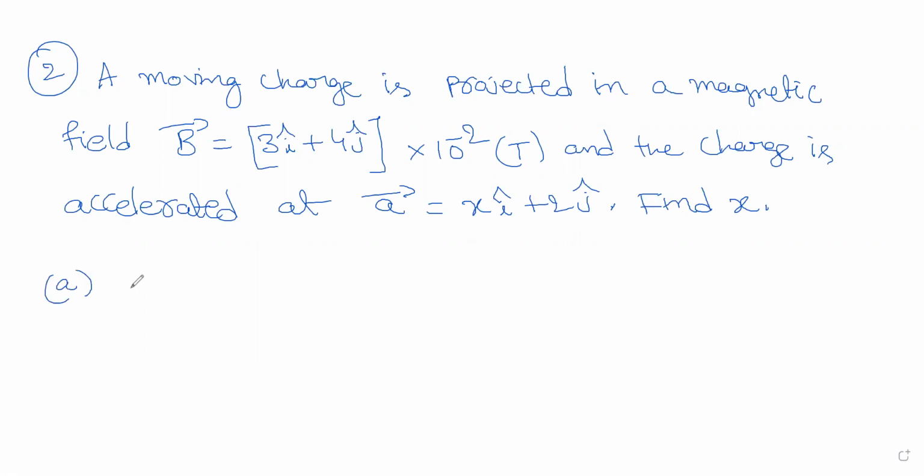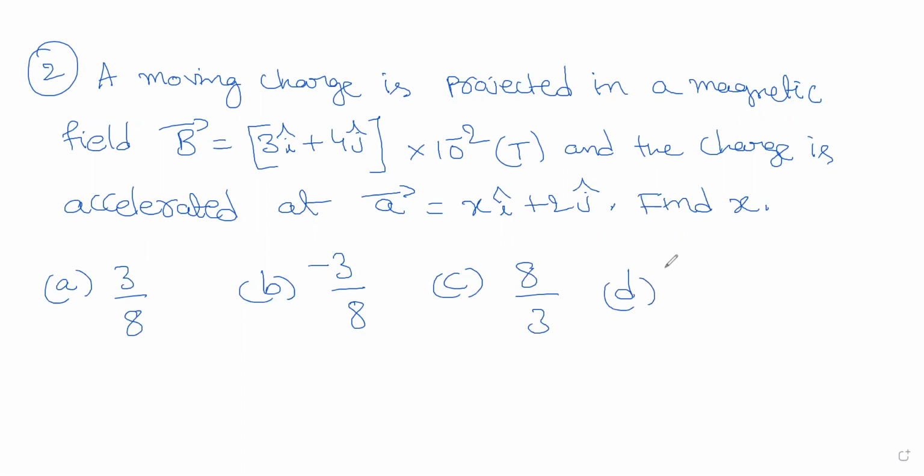The options they have given: option A is 3 by 8, option B minus 3 by 8, option C is 8 by 3, option D is minus 8 by 3. Read the question carefully. A moving charge is projected in the magnetic field.